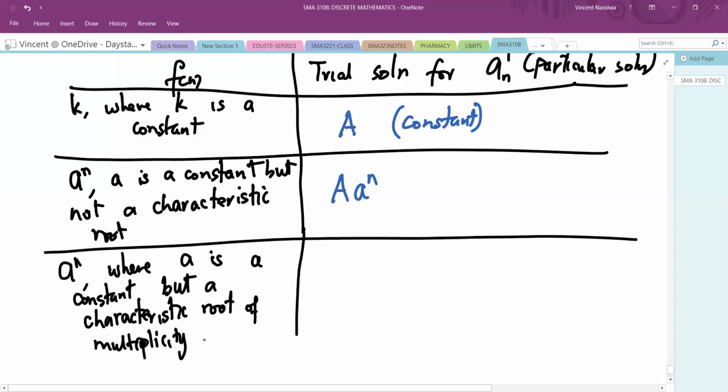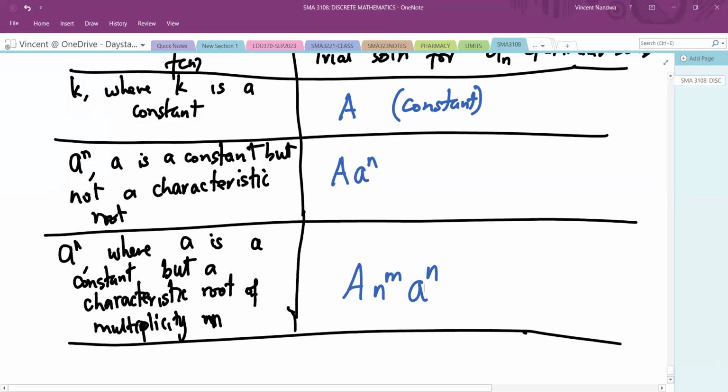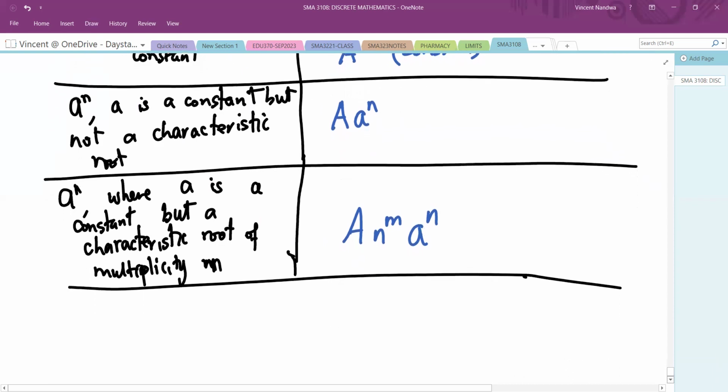Multiplicity simply means the number of times it repeats. If that is the case, then your guess of the particular solution will be a constant times n^m multiplied by a^n. We'll demonstrate with a few examples to really understand what this means.